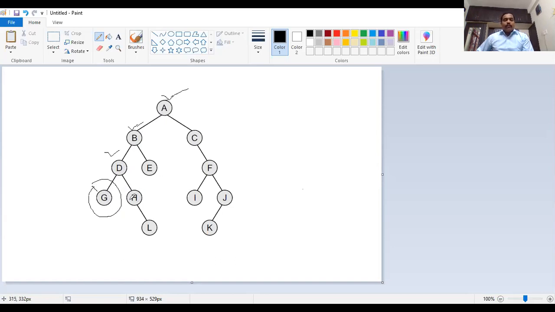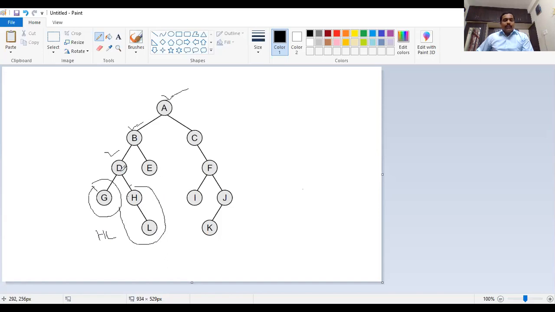How will it work for the right side? H is the root node. If H is the root node, then we have to check root, left, right. So the root is H and then L is the child of that node. So how will we get the answer for this portion? H and L. So on this side G is there, and on this side H and L are there.